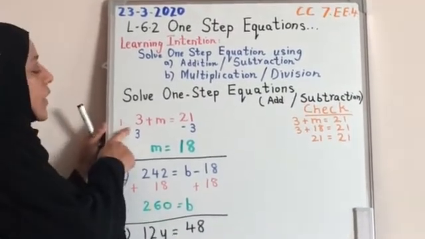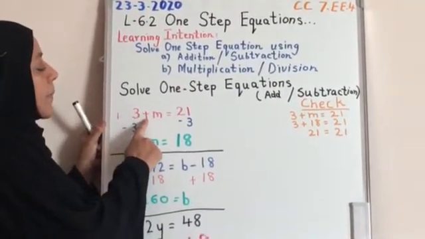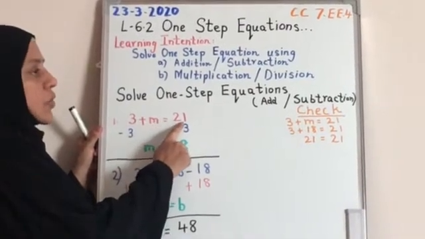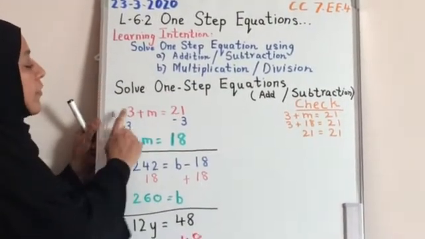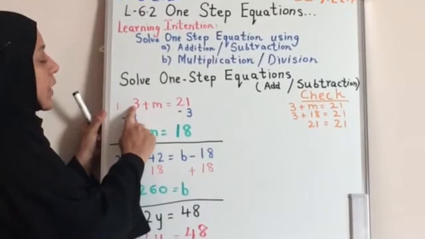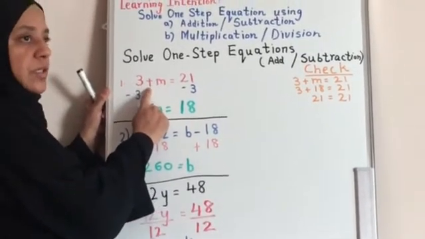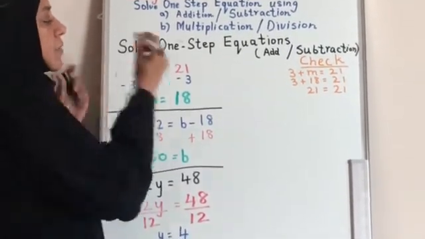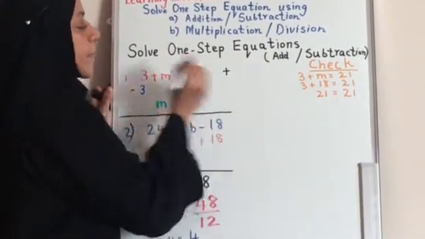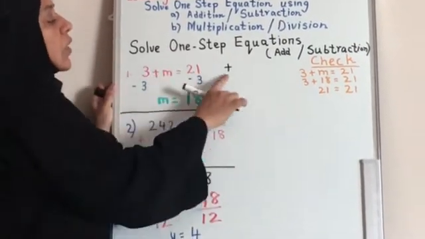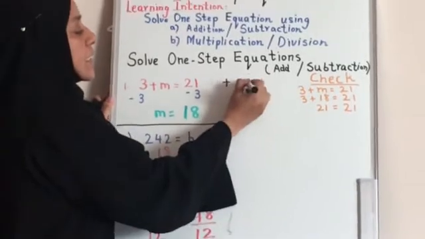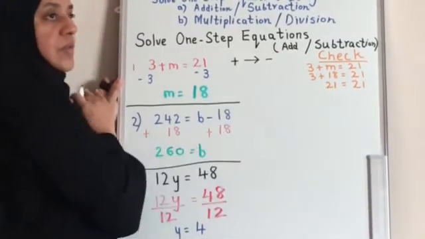Now let's go back to our equation. 3 plus m equals 21. If you see, the math operation between 3 and m is addition. It's plus. The inverse for plus is minus.